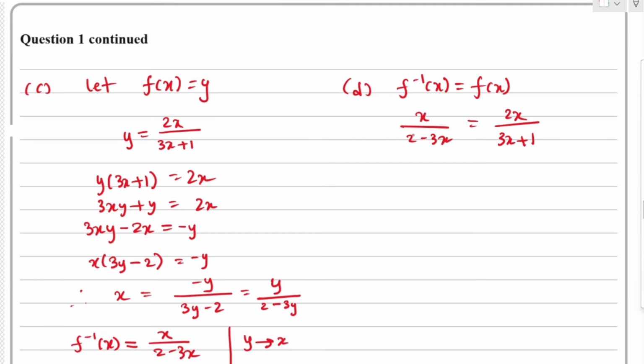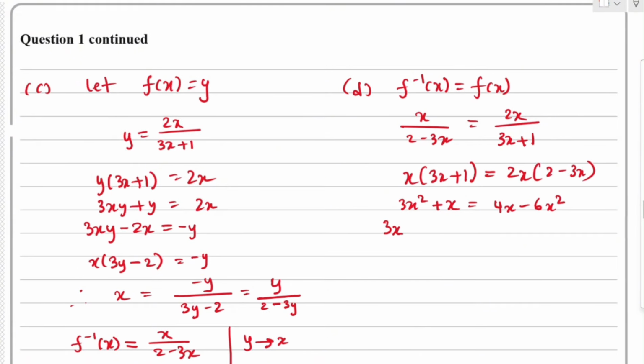We can now cross multiply. This would give us x into 3x plus 1 and 2x into 2 minus thrice x. We can now expand the brackets on both sides, and this will give us 3x square plus x on the left and 4x minus 6x square on the right.